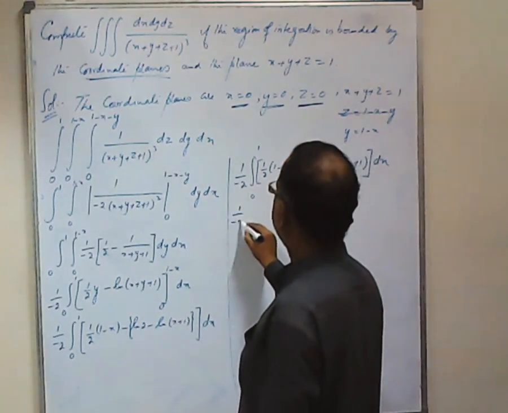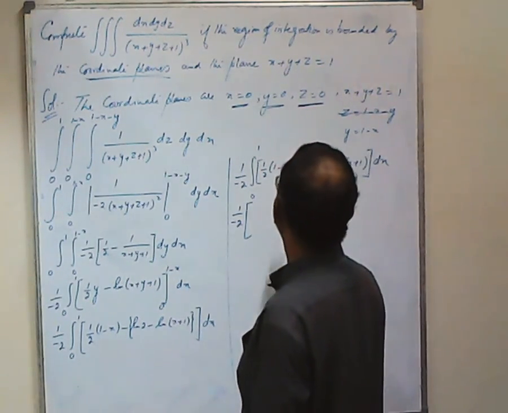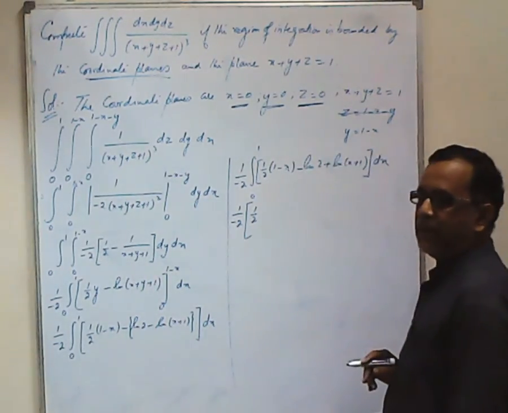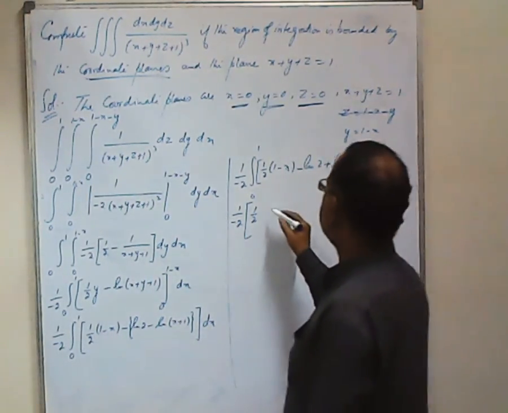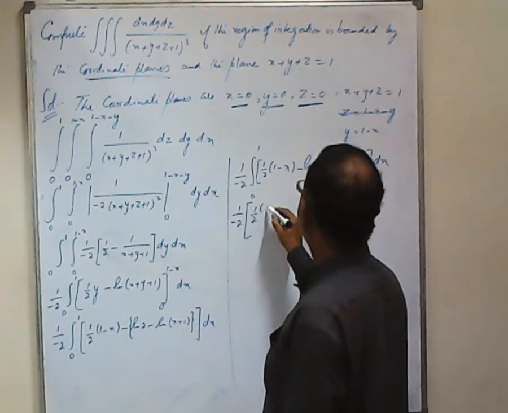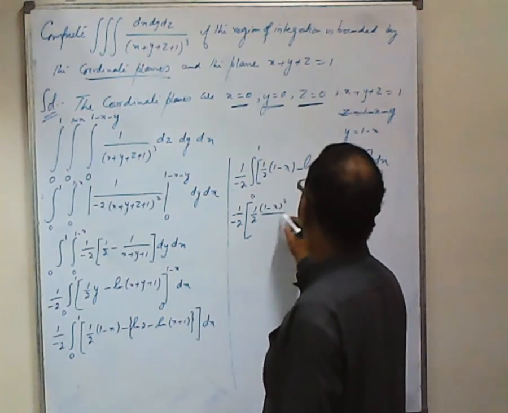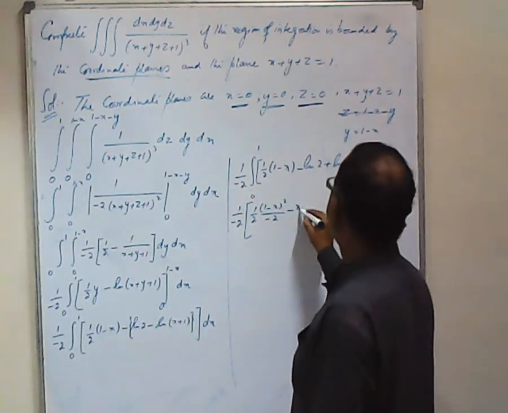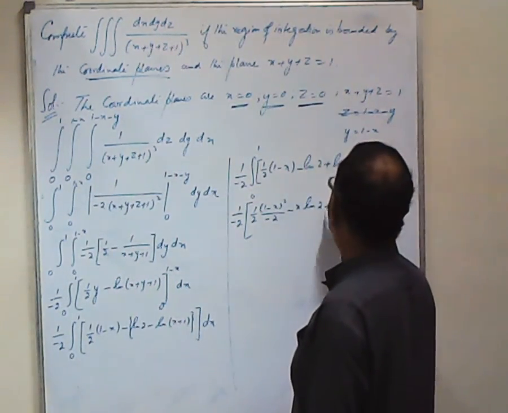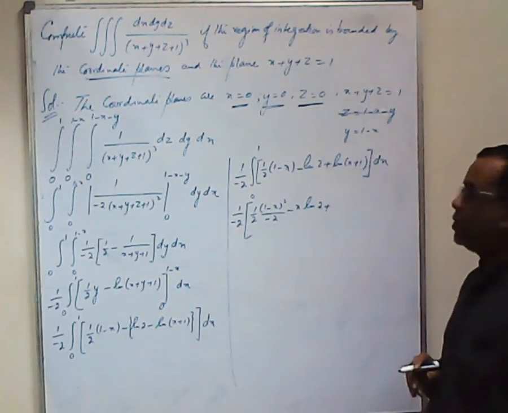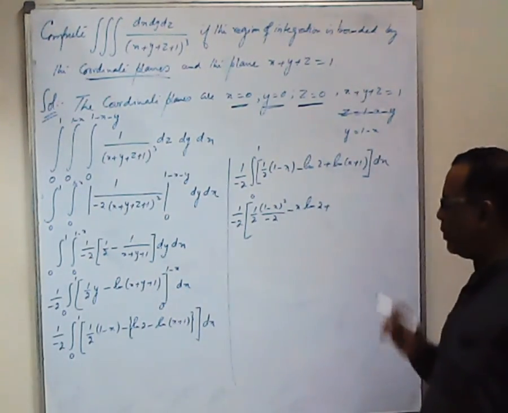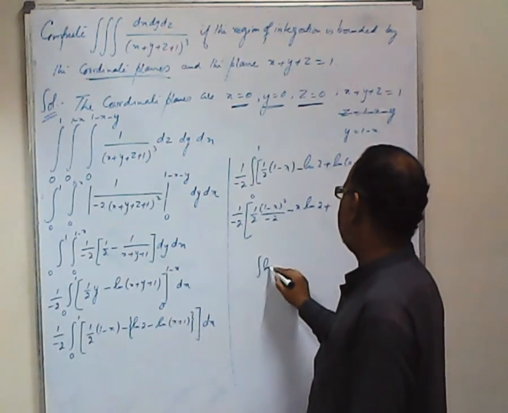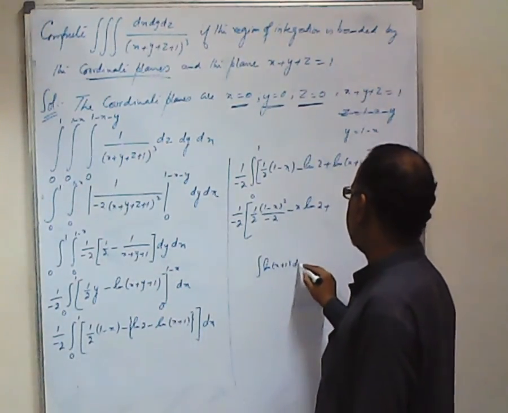So 1 upon minus 2, and now we are integrating this term, so 1 upon 2, the derivative of 1 minus x is minus 1, which we can write, so 1 minus x square by 2, then minus x into log 2, and then plus, so log of x plus 1 means we need to use the by parts formula for log of x plus 1 dx.